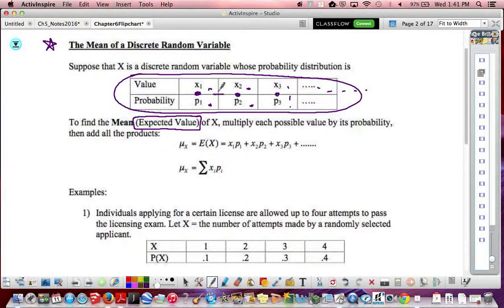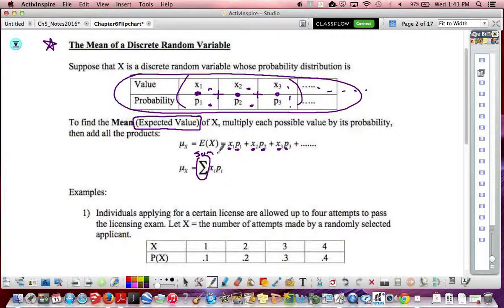Then take those results and add them up. That is going to be your mean. So you can see here in the formula, you take each outcome times its probability, and you do that for every single outcome you have in your distribution. And then you sum them up.